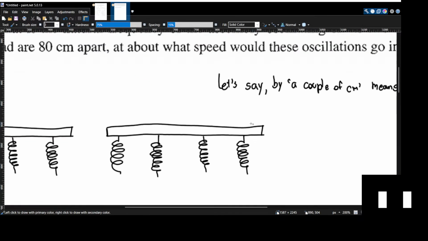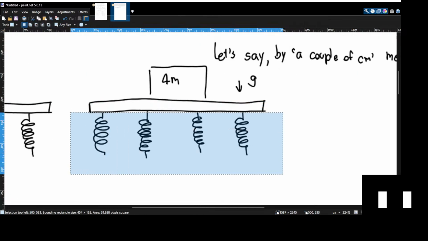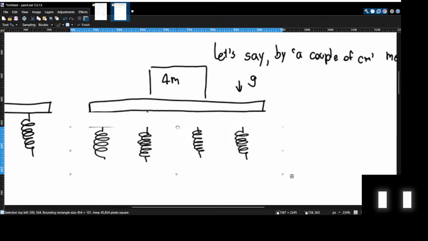Then if we add the mass of 4 people on it, that is 4m added to it with gravitational force g, the springs are going to contract down by a small amount.